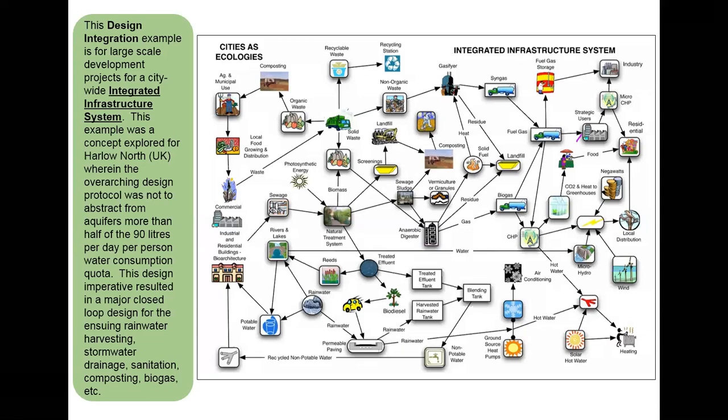It was all based on not using more than 45 liters of water abstracted from the water table, because they felt that was not sustainable. So do have a look at your additional notes, where this whole slideshow on Harlow North is unpacked.